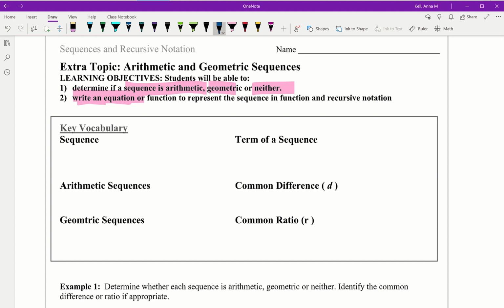So a sequence is just a pattern of numbers. It is a way that you can predict the outcome at a certain term, okay? So the term of a sequence is one number in the pattern.